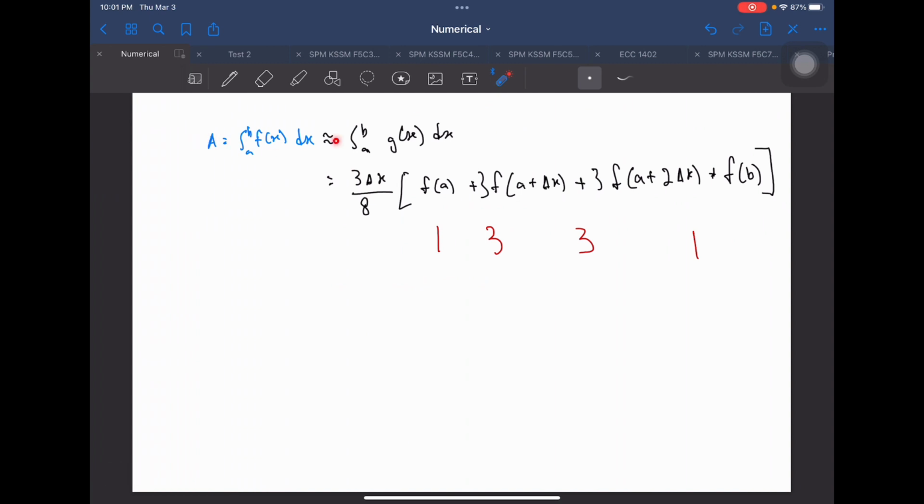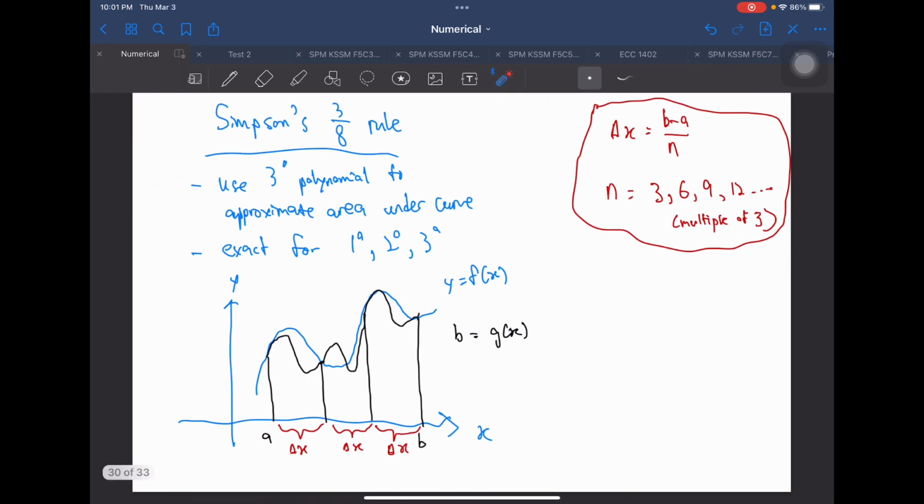So what is the area under the curve? The approximate area under the curve is given by 3 over 8 times delta x, and then this is 1, 3, 3, 1 of the function. Okay, as you can see here, you have cut everything into these segments, right? And then this is delta x, delta x, delta x.